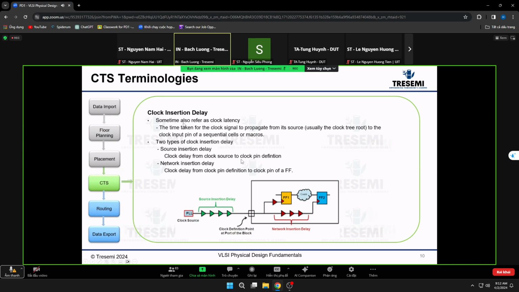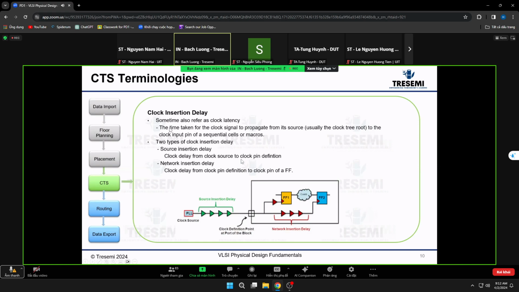Some people also call it clock latency. It's sort of interchangeable, but I think some people call clock latency the target for clock insertion delay. So just throwing it in there. If you hear clock latency, it's another name for clock insertion delay.